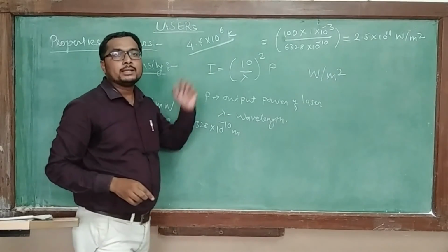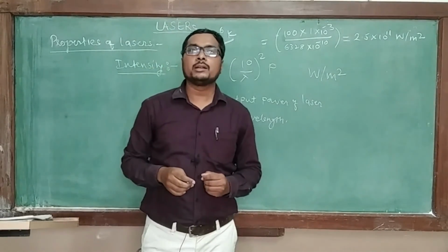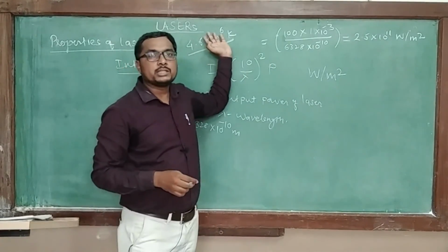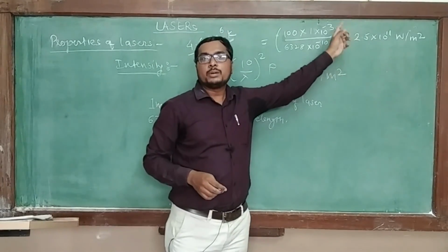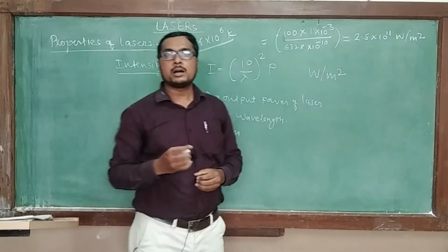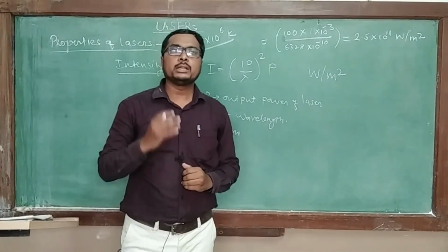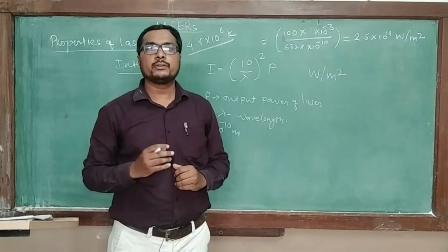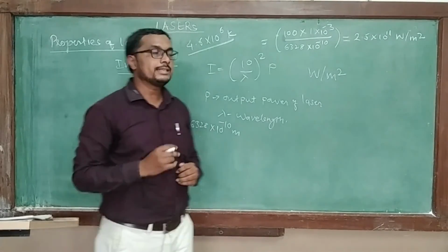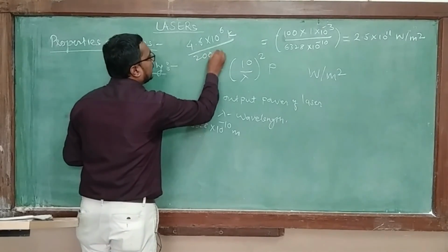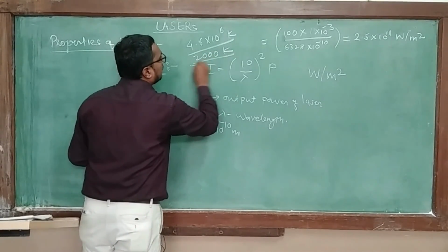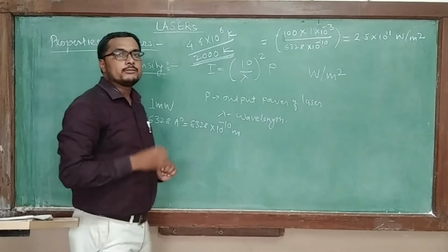Only in that case can we get this much intense light. We know the normal operating temperature of the tungsten filament is nearly 2000 Kelvin.